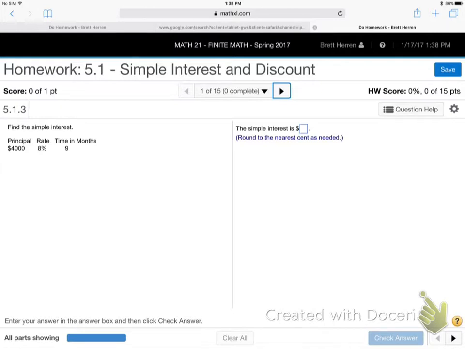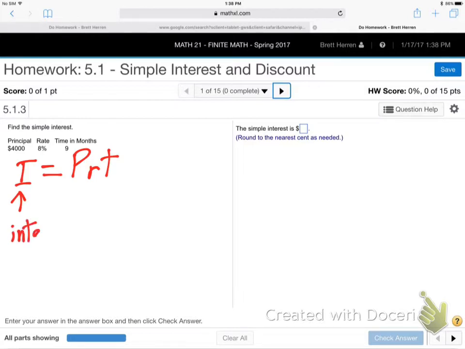All right, so let's dive in then. So we're looking at that one. You guys probably know already, what's the formula for calculating interest? I equals PRT. Interest equals principal times rate times time. Let me write those parts out for you.